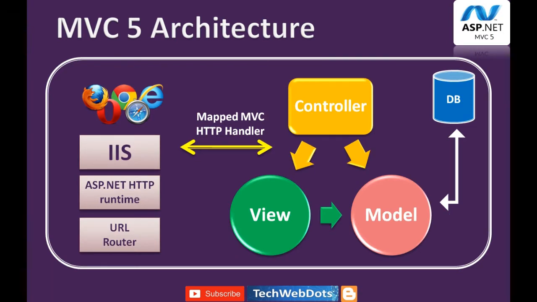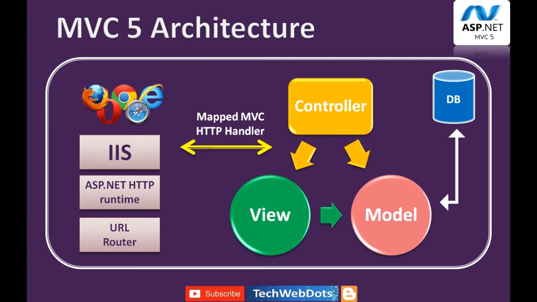This is the MVC architecture. I have already discussed it in the MVC5 architecture session, but for the overview, let me explain once again. When a request is issued to IIS, it goes through the ASP.NET HTTP runtime, then through the URL router, and the request is mapped with the MVC HTTP handler.